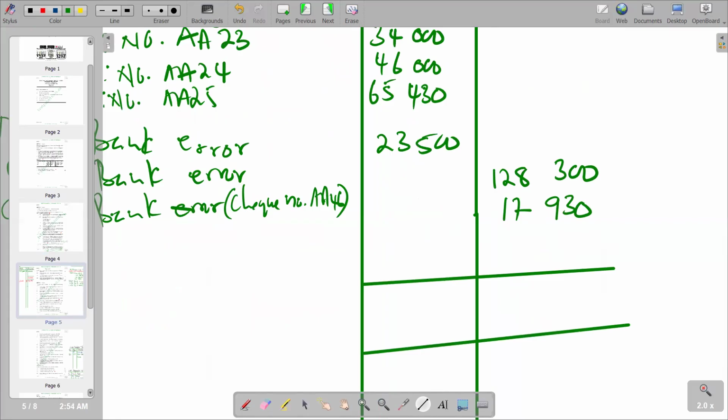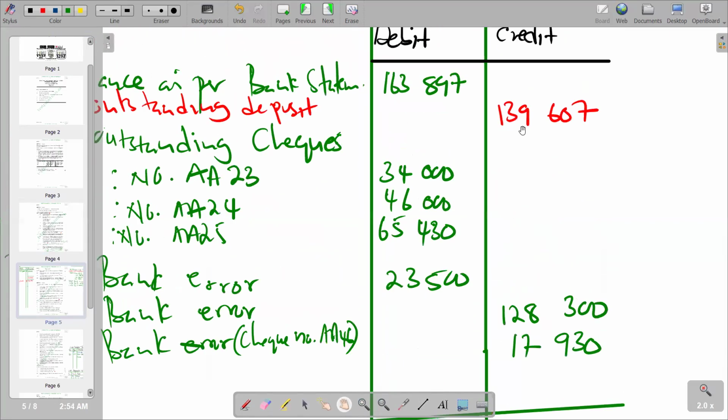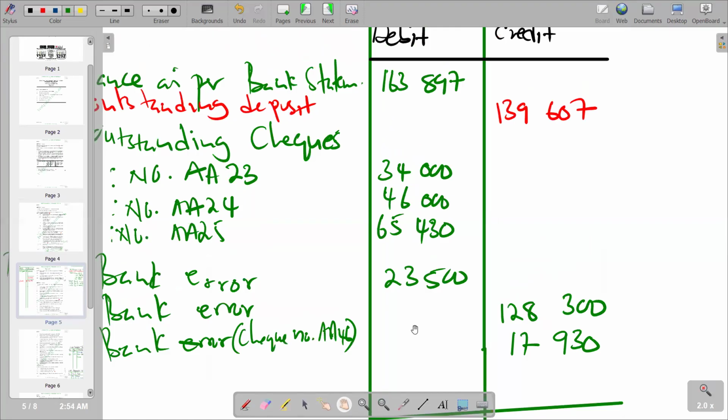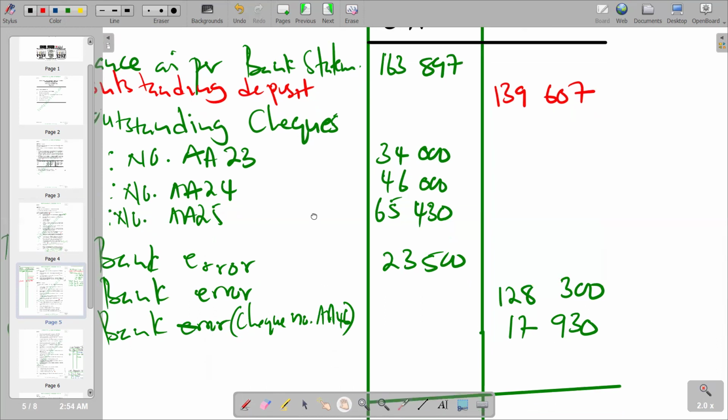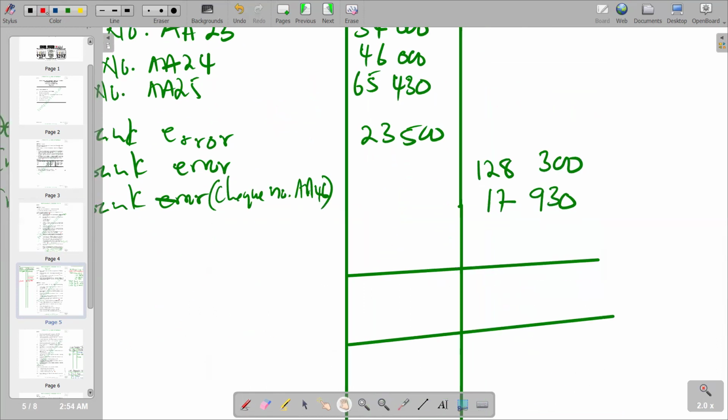So you get the total of the debit and the total of the credit. We're going to see that the greater total should be on the debit side, with a total of 332,827.